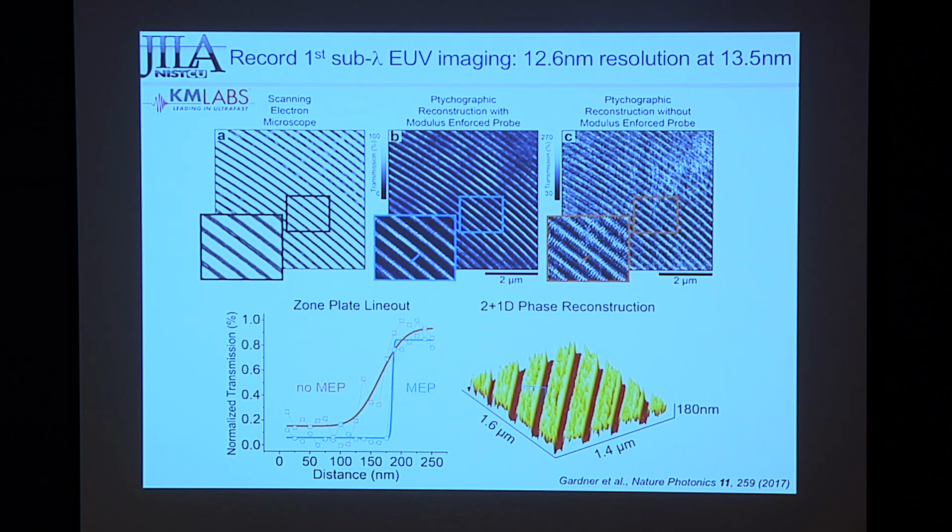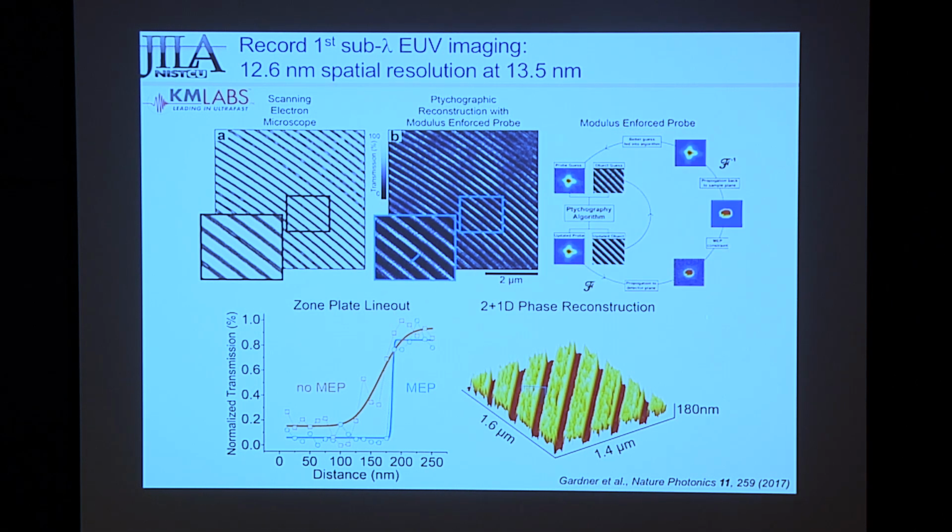And so that's why you were getting these fringes. So we came up with an algorithm where you take a picture of the probe with your CCD camera, just move the sample out of the way, take a picture of the probe, and use that as the intensity of the probe. Feed that into the algorithm, and suddenly you stop it getting confused between features in the illumination beam and the sample, and then we get a beautiful agreement.